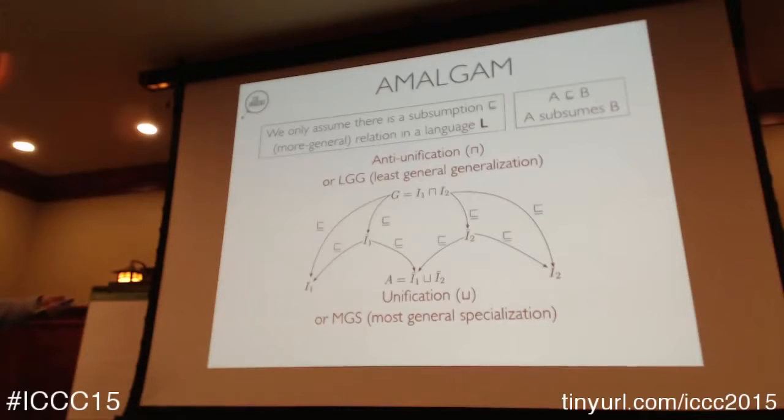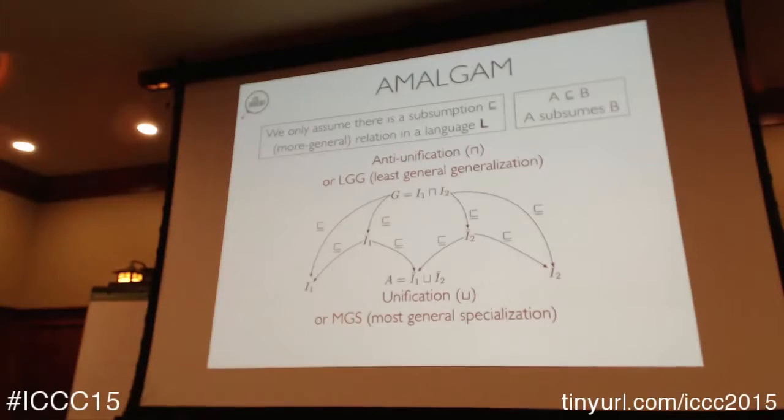The generic space, basically in this approach, is the least general generalization or anti-unification. That's the generalization that is common to both inputs, the more specific one. That means you have what is shared between the two inputs, and you have all that is shared.